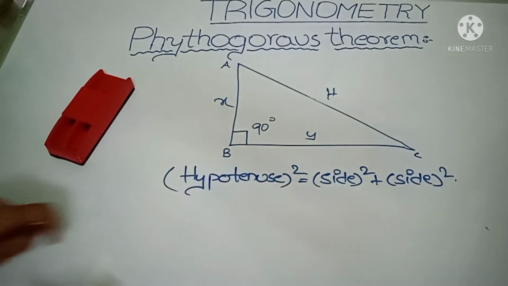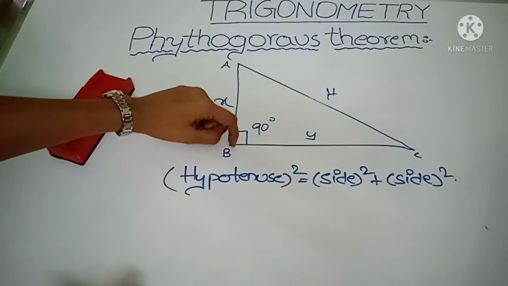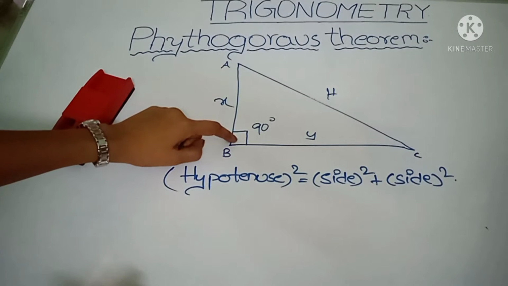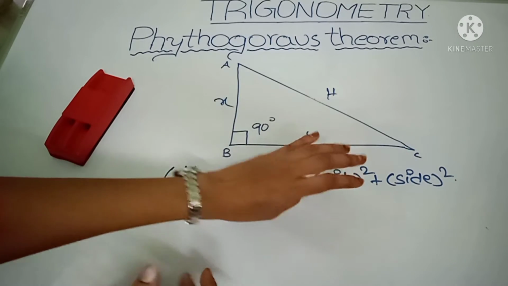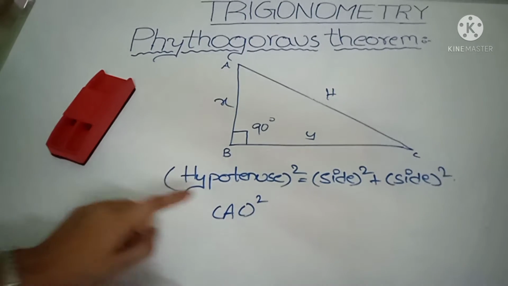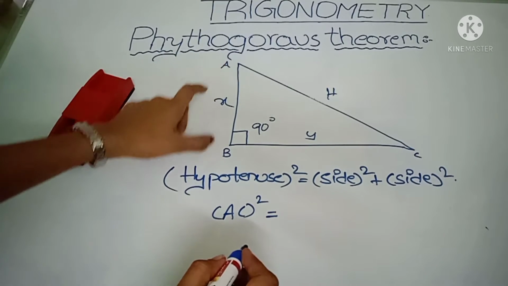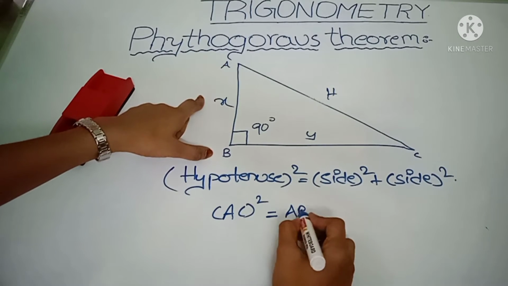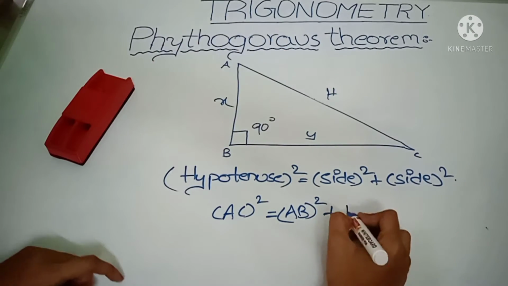What is the hypotenuse here? AC, because the side opposite to 90 degrees is known as the hypotenuse. So AC whole square is equal to AB square plus BC square.